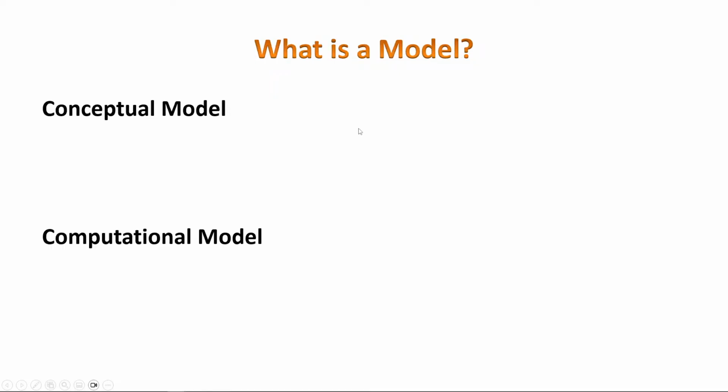So what is a model? In groundwater hydrology, we differentiate between a conceptual model and a computational model. A conceptual model is a quantitative representation of the real world groundwater problem or aquifer.